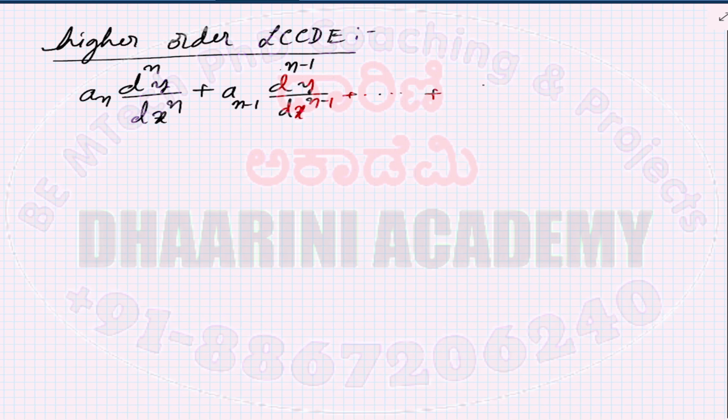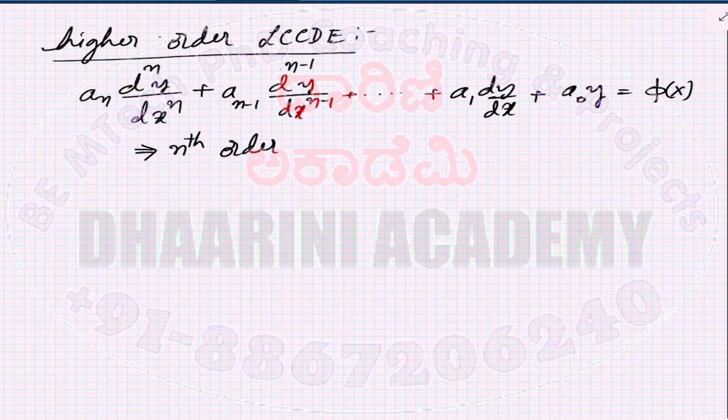You can have up to a1 dy by dx plus a naught into y equal to some function phi of x. This is what is called LCCDE, and since the highest power is n, this is said to be nth order. So higher order in the sense anything more than 1. 2, 3, 4, 5, n could be any number.